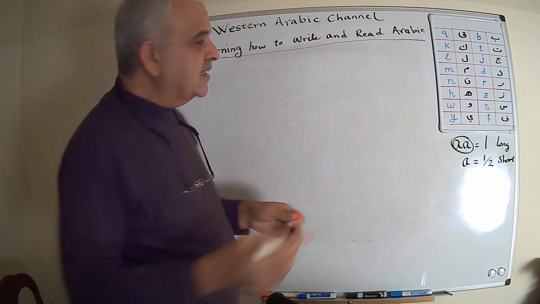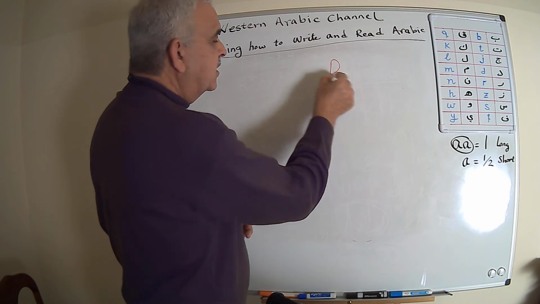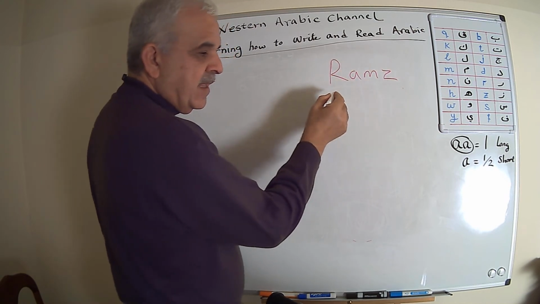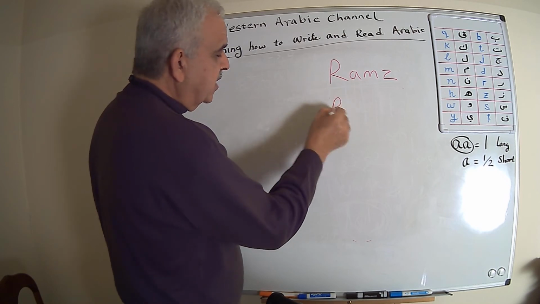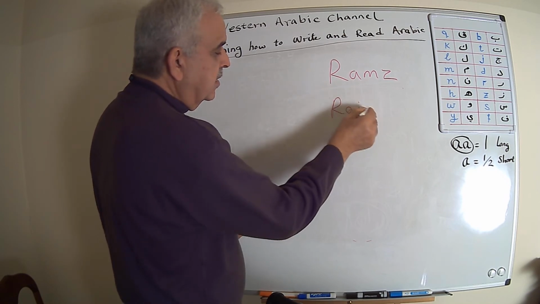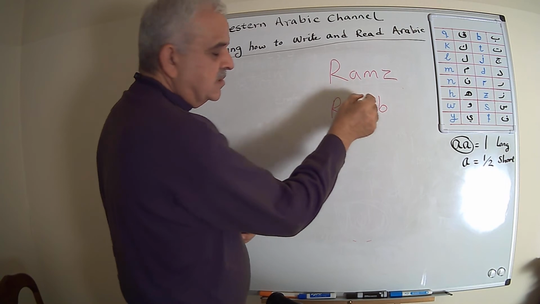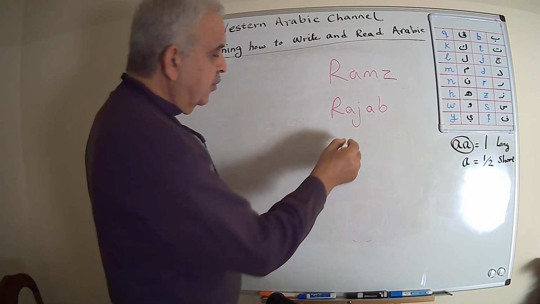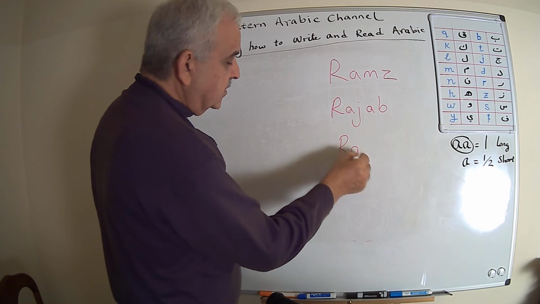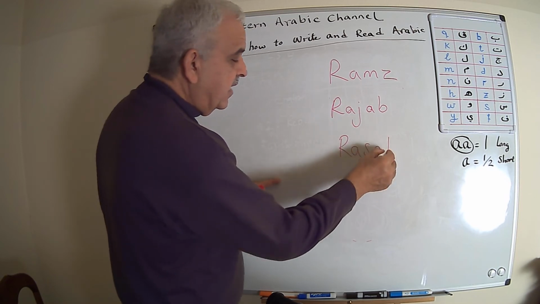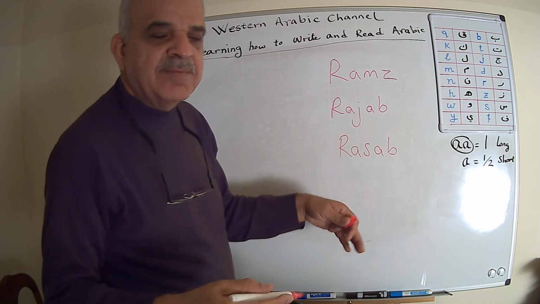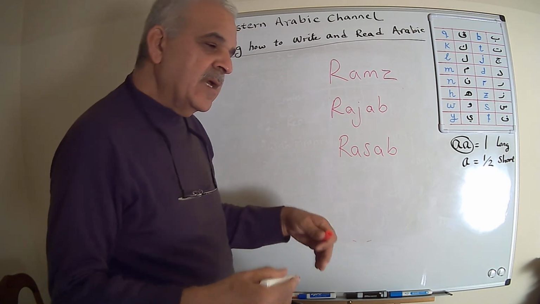There are many other words. If you want to practice, we have the word rams. Rams means symbol. And we have Rajab, which is a noun, someone's name. And we have the word rasab. Rasab is a verb. Rasab means did not pass. If someone did not pass his exam, we say rasab.